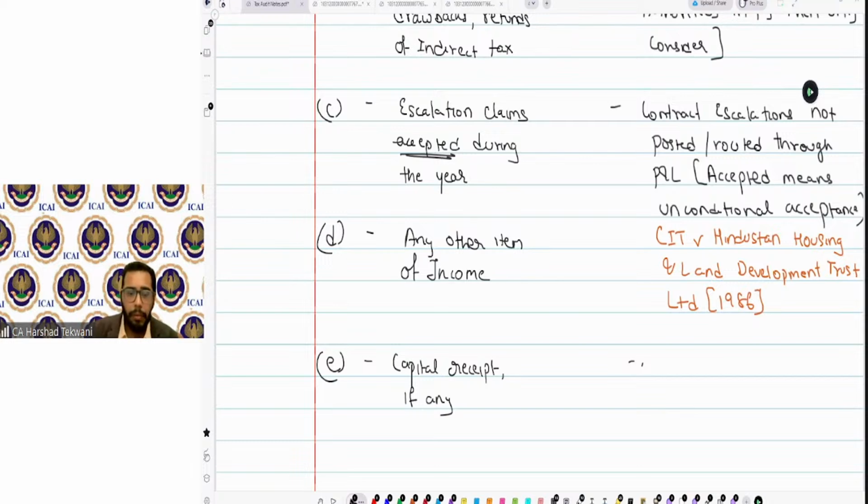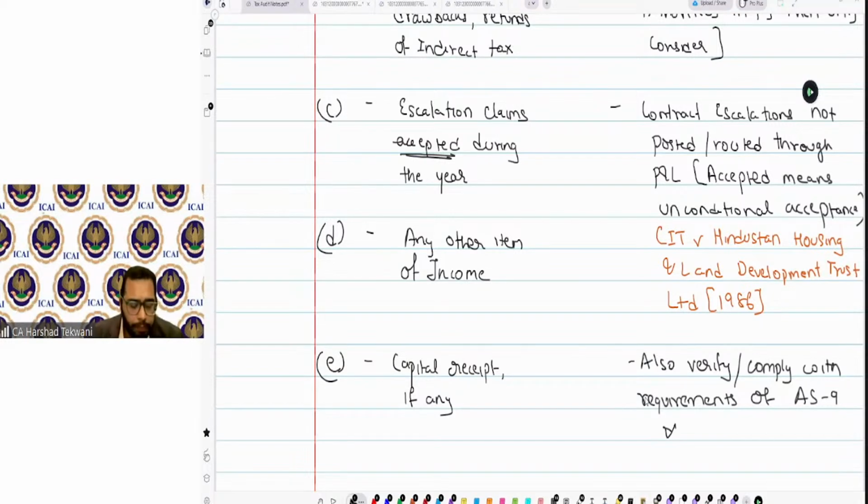For this purpose, again, you need to consider what income it is, and also comply with the requirements of AS 9, that is revenue recognition, or, if it is the case of Ind AS, Ind AS 115.